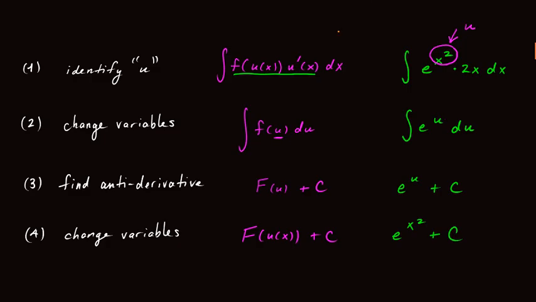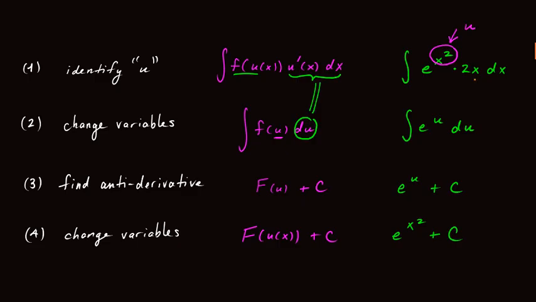Now what's important is that I have a u prime of x dx. So this part, u prime of x dx, corresponds to du. And in fact, that's the definition of du. The definition of du is take the derivative u prime of x, and then write dx. So these two things have to be the same.